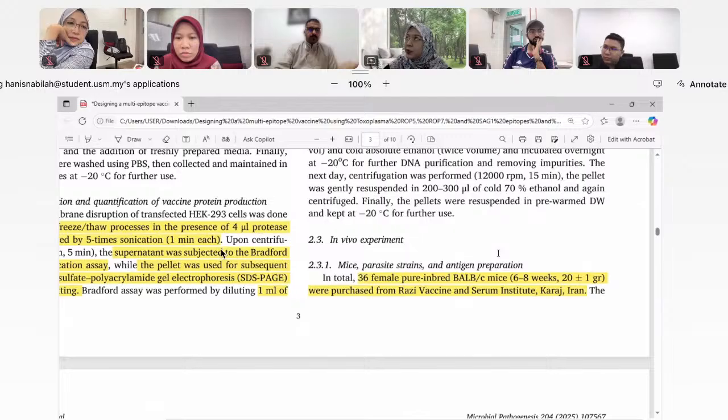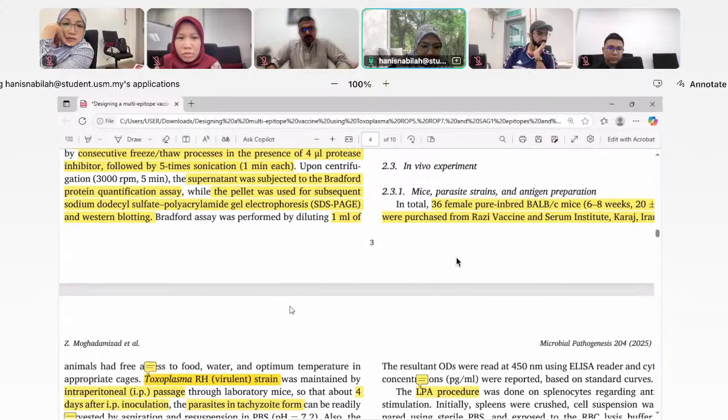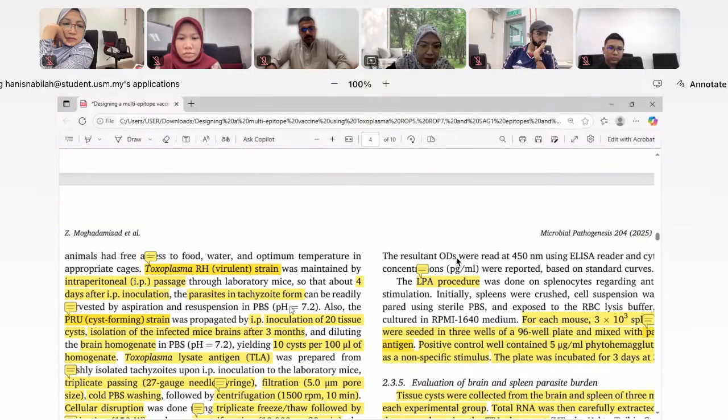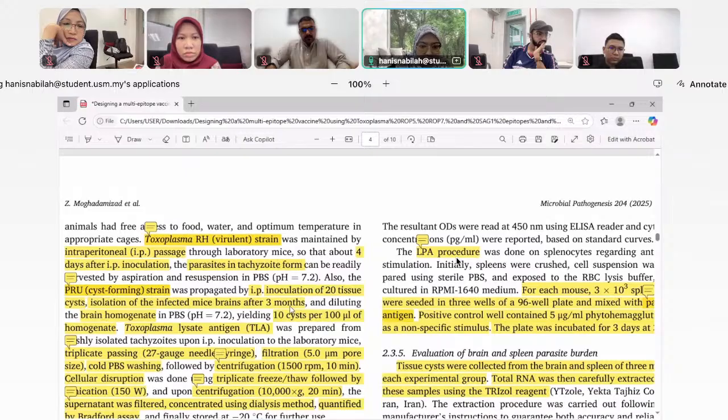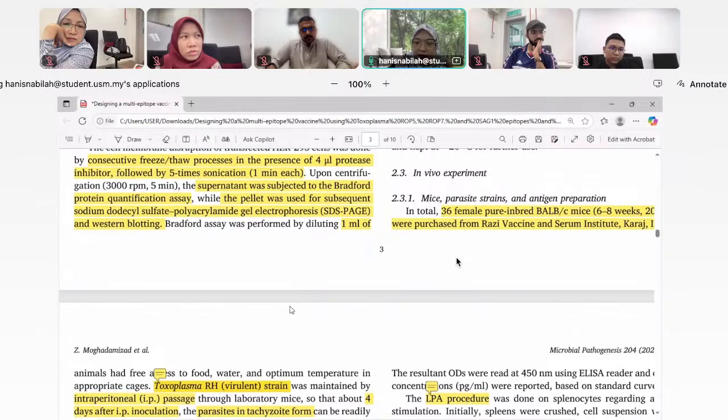But actually, based on my understanding, they did not use that protein only for validation. The recombinant DNA can encode that protein. For the in vivo experiment, they have mice, parasite strain and antigen preparation.